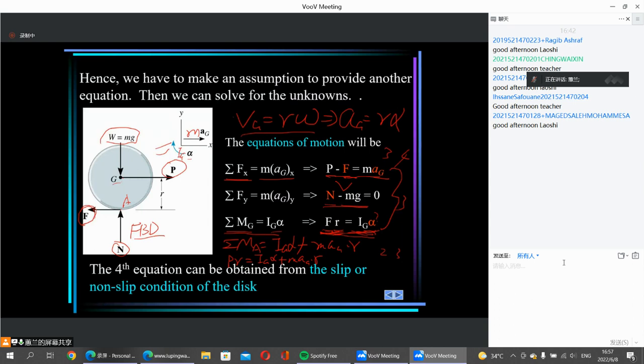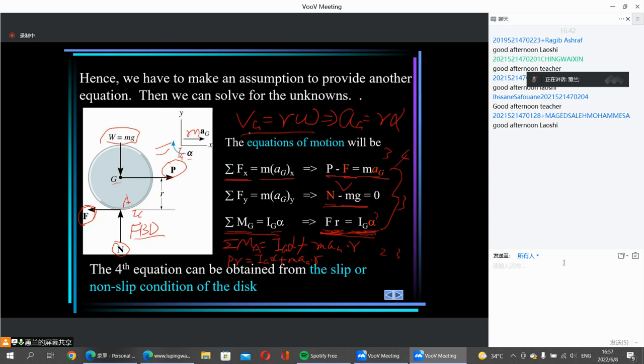Only if the disk is rolling without slipping can we have Vg equal to R omega. Because if A is the IC, the velocity of the mass center equals the radius to the IC times the angular velocity.